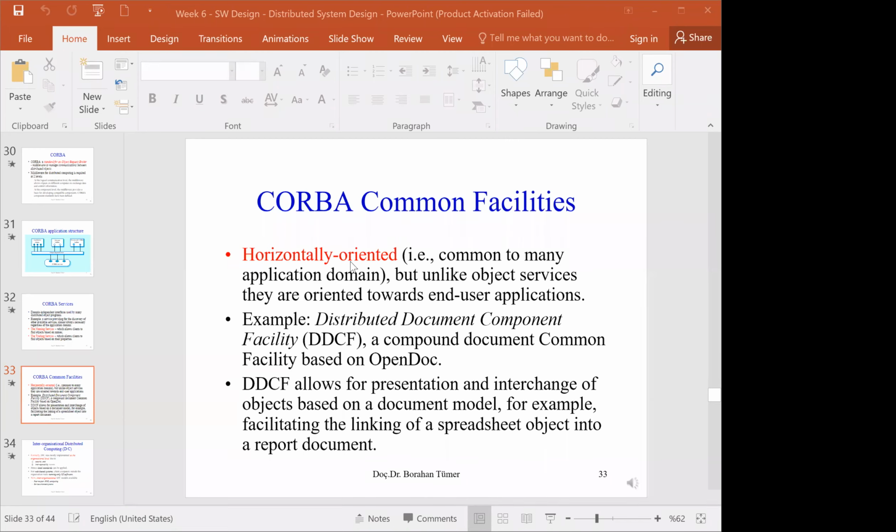But unlike object services, they are oriented towards end user applications. An example is the distributed document component facility, a compound document common facility based on OpenDoc. DDCF allows for presentation and interchange of objects based on a document model, for example, facilitating the linking of a spreadsheet object into a report document.